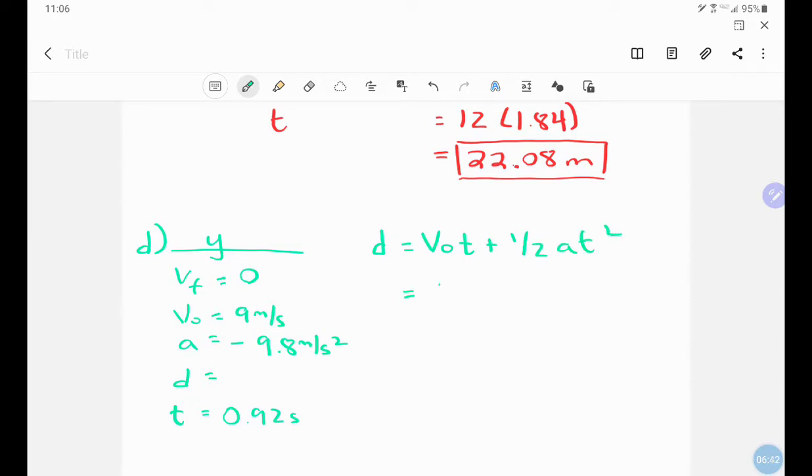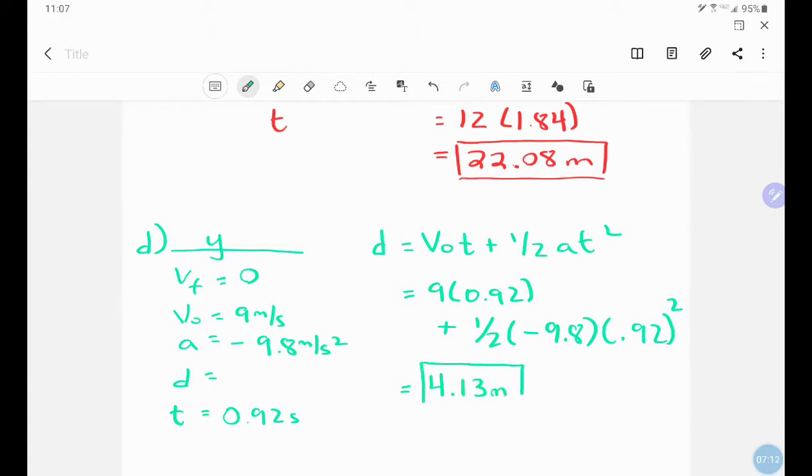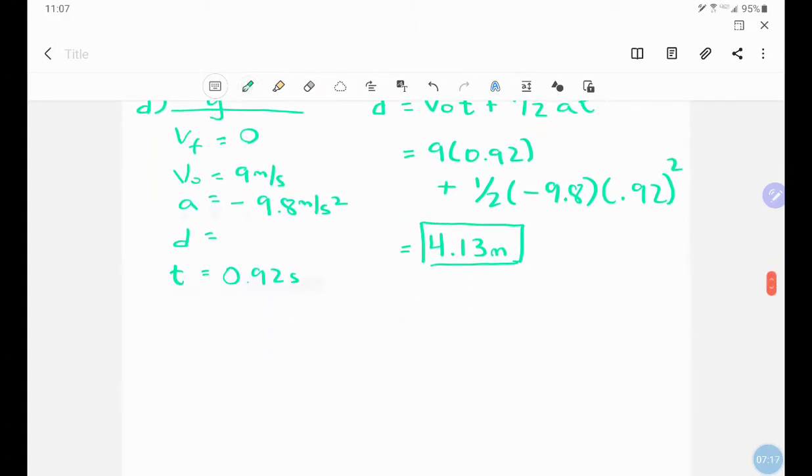Plug numbers in. So we have 9 times 0.92 plus 1/2 times negative 9.8 times 0.92 squared, giving us, we get 4.13 meters here. Like so.